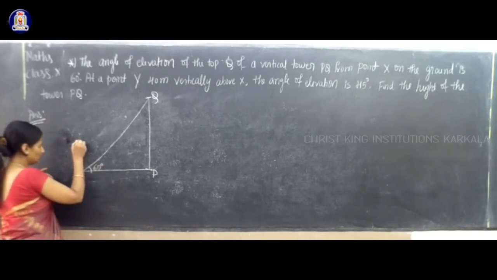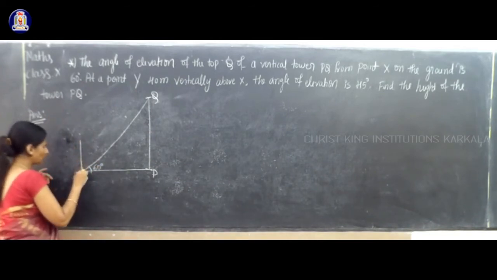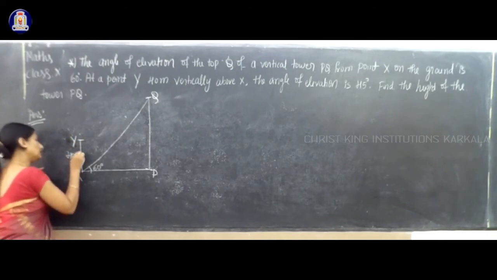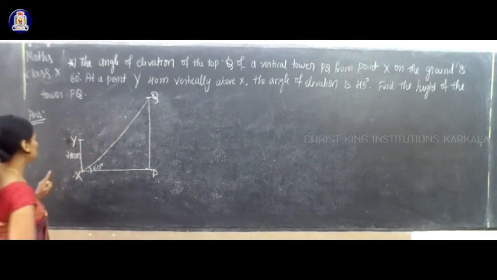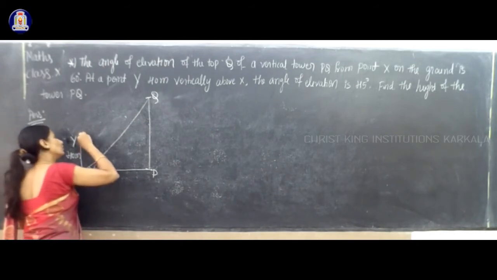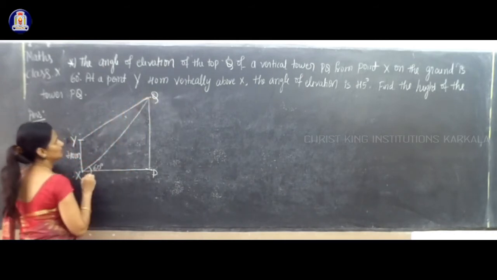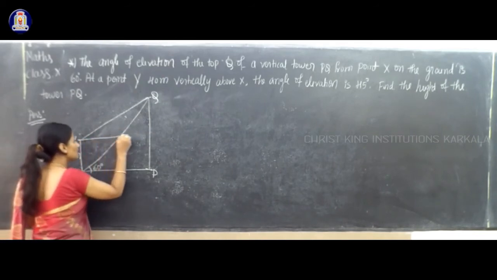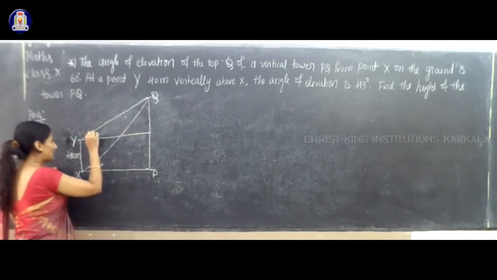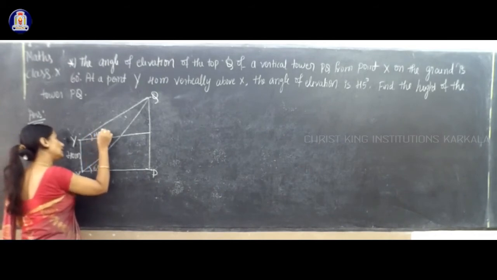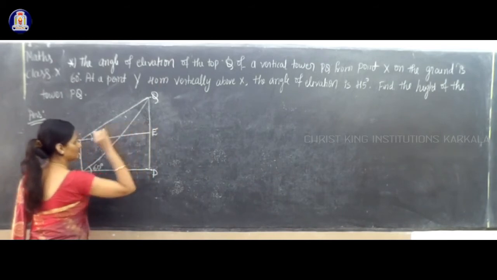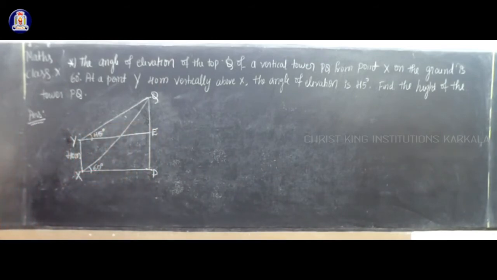So vertically above, this point is Y. And 40 meter, right now 40 meter from this to the top of the building. So here we can't mark, correct? So there should be one horizontal line. This angle is 45 degree. So mark this as E. Clear?